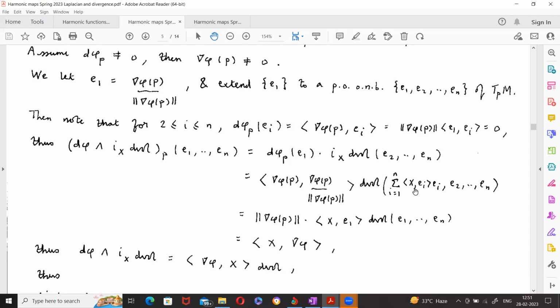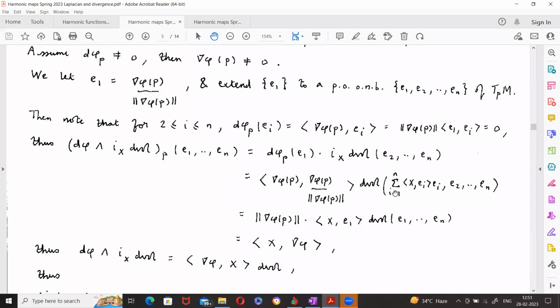But now this dvol is multilinear, so this will become a sum of terms. But if I is bigger than or equal to 2, then I will get EI appearing here and also appearing somewhere later. So EI will occur twice, but dvol is alternating, so that will give me 0. So the terms for I bigger than or equal to 2 will all vanish.